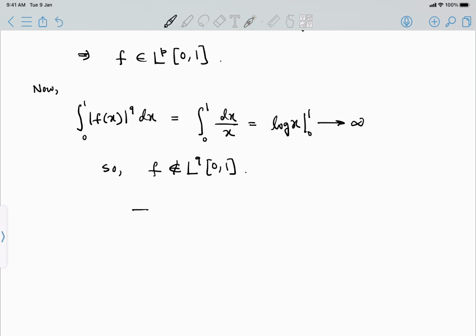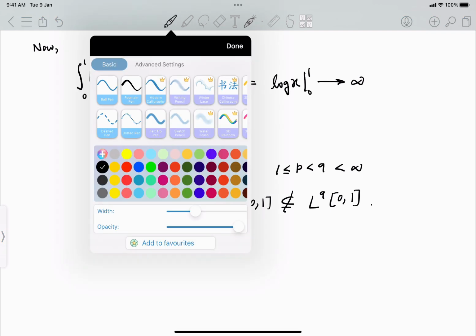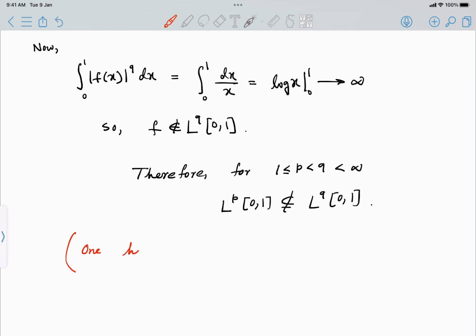So this cannot be true, because this function is in Lp but not in Lq for p strictly less than q. Therefore, for 1 ≤ p < q < infinity, Lp(0,1) is not a subset of Lq(0,1). One can show that it is the other way around, or for Lp over some compact interval [a,b]. So this one is not true.